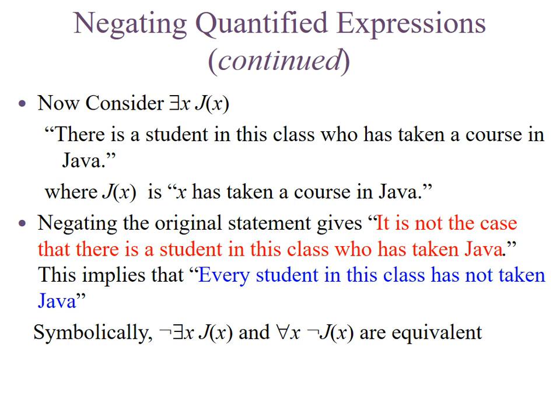So the negation of for some x J(x) means for all x not J(x). If all students in this class have not taken the course in Java, then you cannot find any student in this class who took the course in Java.